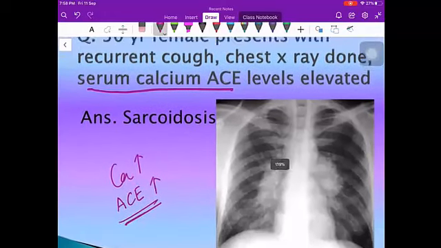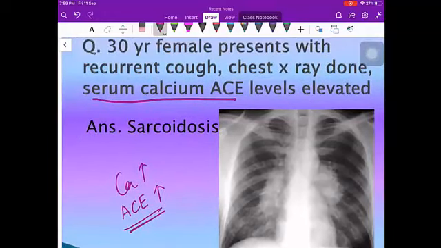The patient presented with chest complaints, and some 2-3 associated complaints must have been written in the question. Whatever information the students have sent me, accordingly I have prepared these slides.